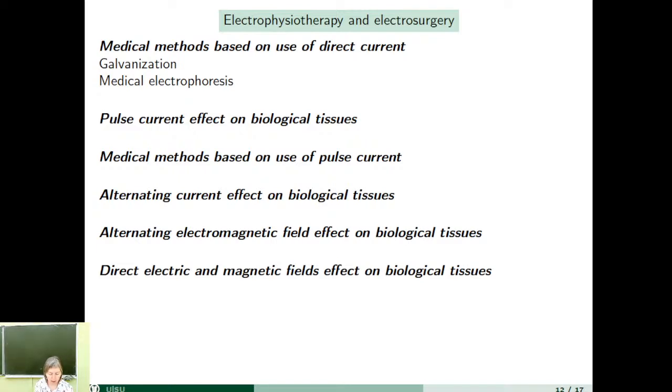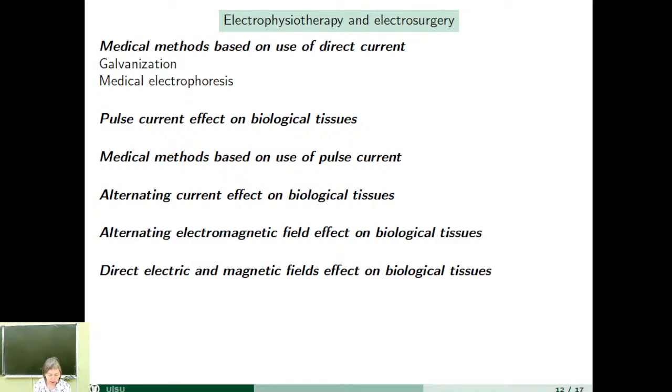So at local darsonvalization, the alternating current of 100 or 400 kilohertz frequency acts on a patient, but the current is applied to him like pulses with a repetition frequency of 50 hertz. In this case, the voltage is 10 kilovolts.